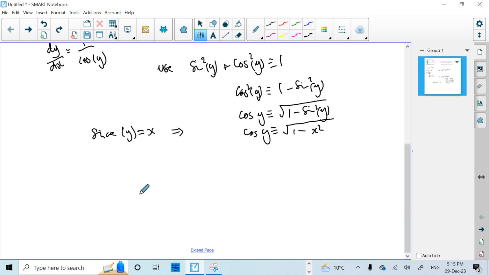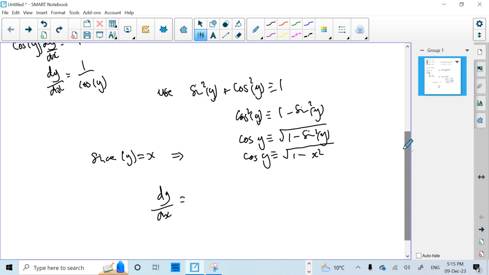That means the derivative of arcsin x, dy/dx, is 1 over cos y, but cos y is the root of 1 minus x squared. And this is how we do it.